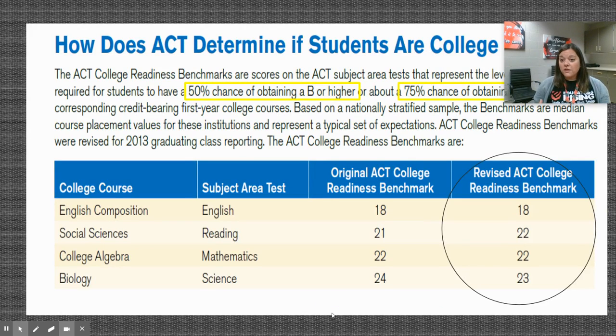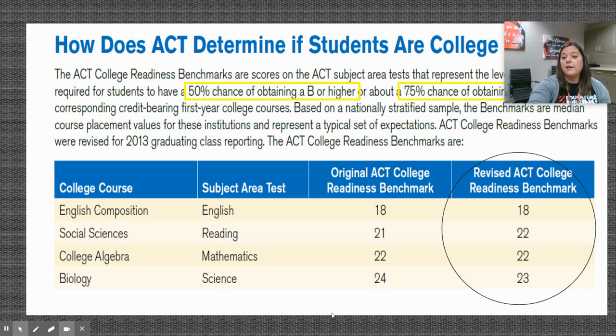So here's another way to look at it. If you are able to get an 18 on the English section of the ACT, the ACT has determined that students have a 50% chance of getting at least a B in their freshman English composition class in college.